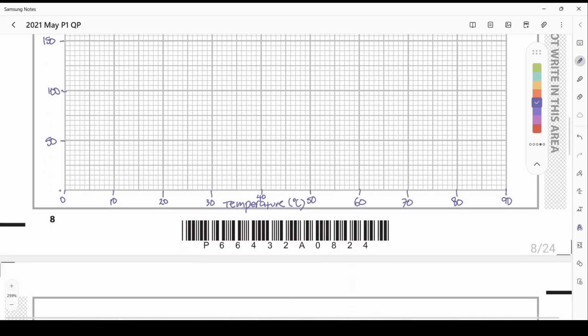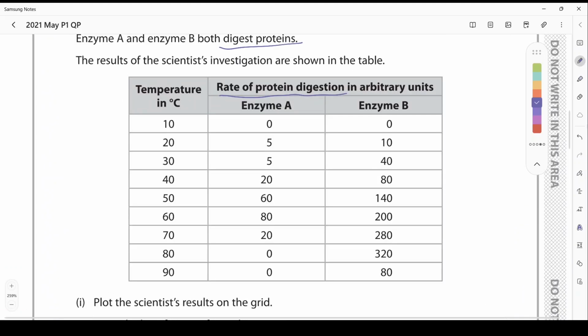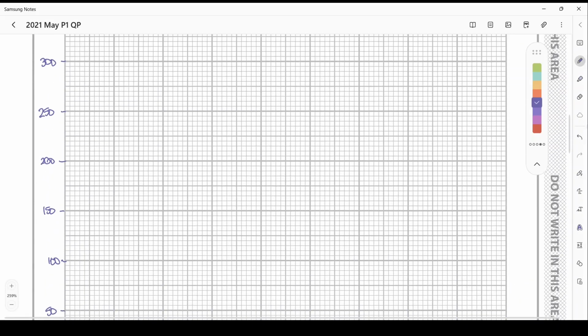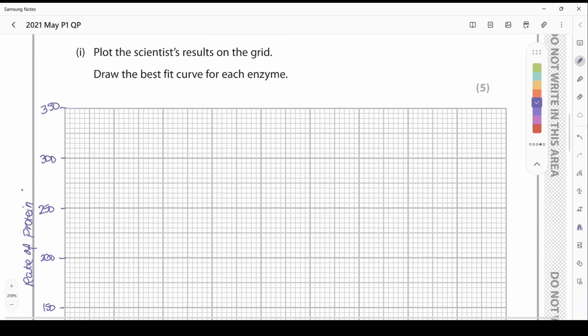All right, it's great. It's always important to start with 0. And we would label the y-axis rate of protein digestion in arbitrary units. I'm just going to write that down here. Oh, there's no space. Rate of protein digestion, arbitrary units.